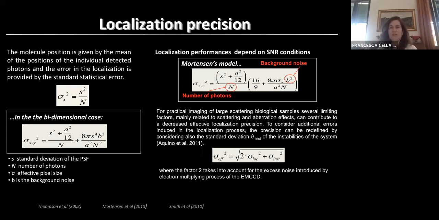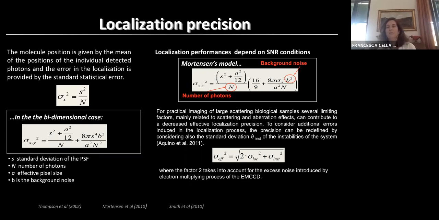But this is not the real localization precision. This is not the effective one. The real, effective localization precision needs to take into account the instabilities of the system: the fact that you have a larger sample, and different sources of instabilities like vibrations or any other problem induced by the thickness of the sample and the system.